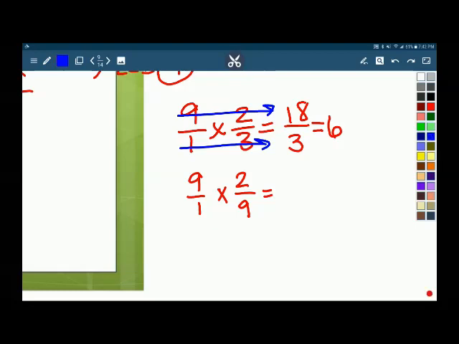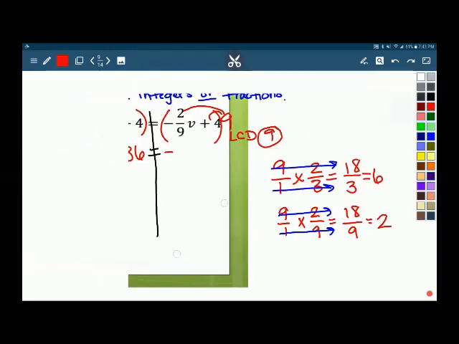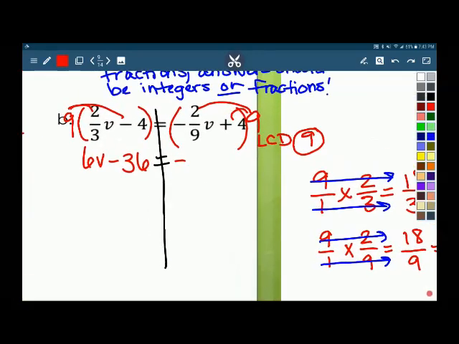Again, we just multiply straight across. It's only when we add fractions or subtract fractions that you need a common denominator. 9 times 2 is 18. 9 times 1 is 9. 18 divided by 9 is 2. So we have negative 2v plus, oops, sorry, I was almost about to write 4, which is a common error. You also need to multiply that 4 by 9 as well.